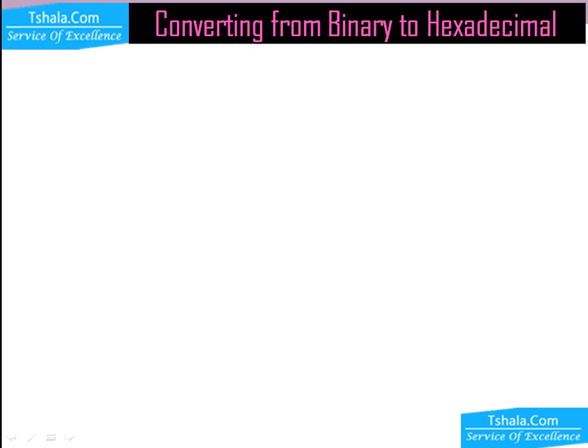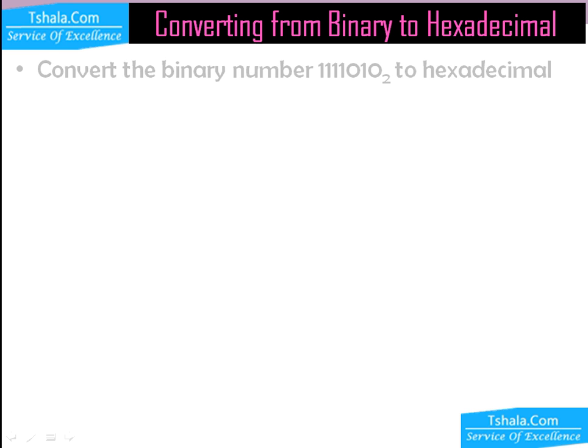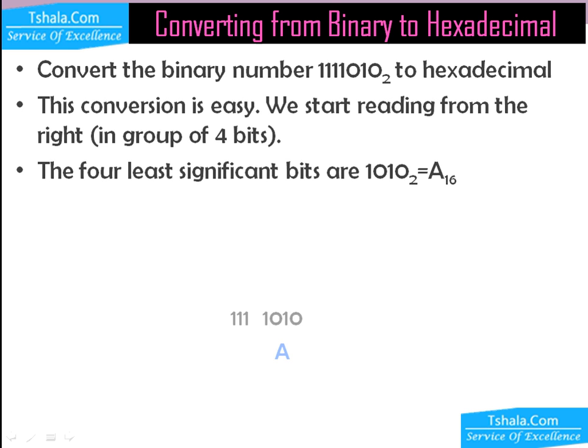Let's have a look at converting from binary to hexadecimal. Let's say we have 1111010 in base 2 to convert to hexadecimal. This conversion is easy.